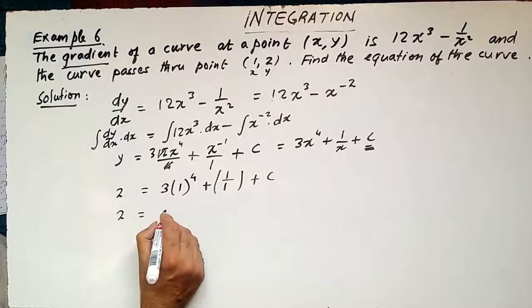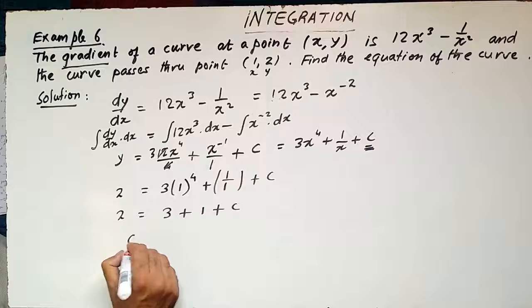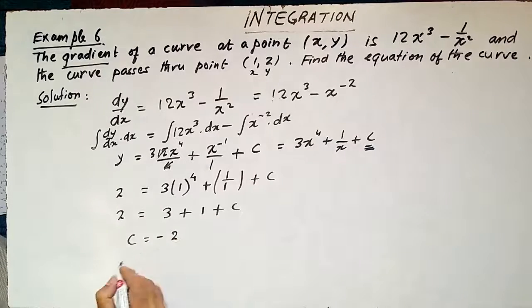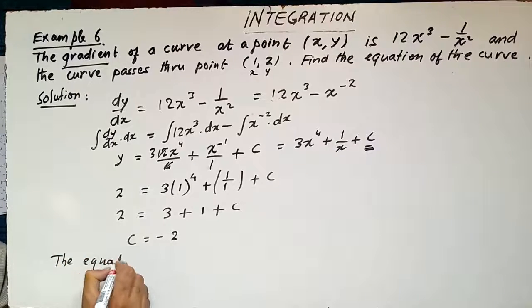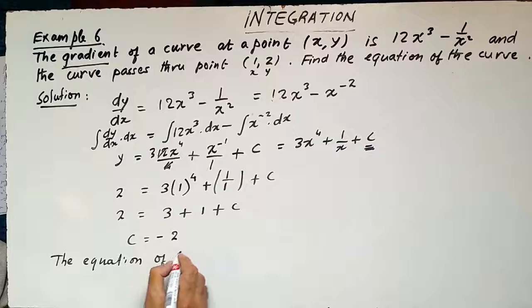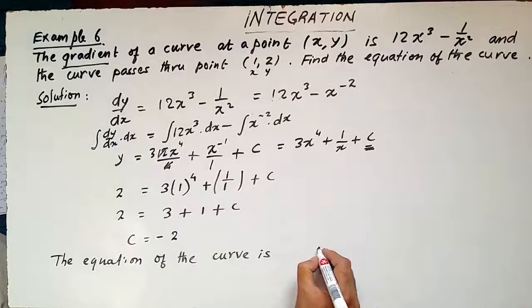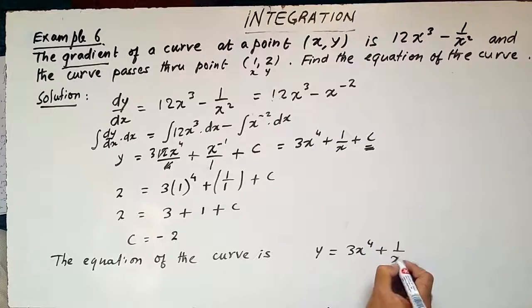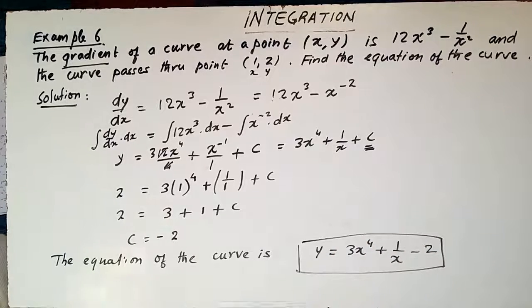So 2 is equal to 3 plus 1 plus c. So what is the value of c? 2 minus 4, which is minus 2. So finally the equation of the curve is y is equal to 3x to the power 4 plus 1 upon x minus 2.